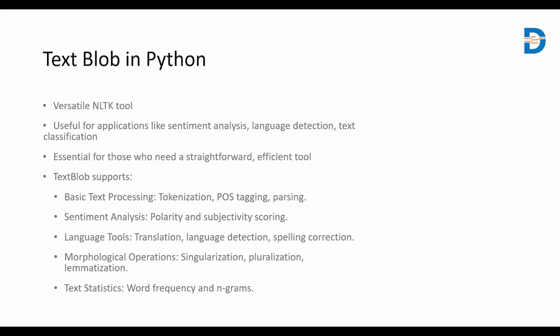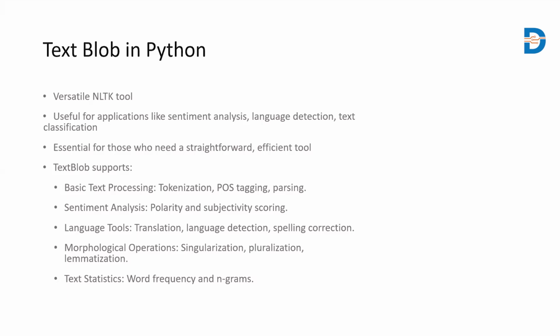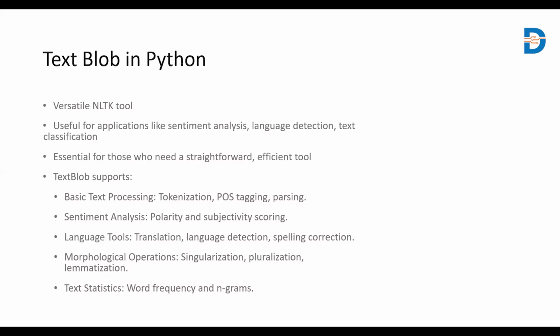So this is all about TextBlob, but today we will see a demonstration of TextBlob in Python to understand the sentiment of a text. I will share with you the Jupyter notebook to help us handle and analyze this text.